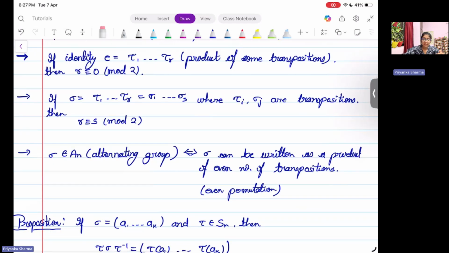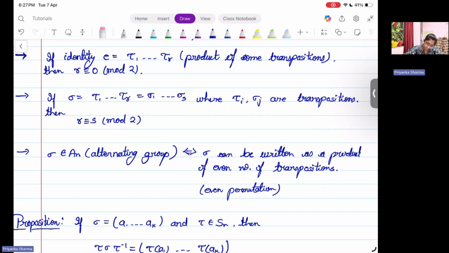Now, what is an alternating group? Alternating group is a subgroup of symmetric group. So if we have Sn, that is a symmetric group, of order n, I mean with respect to this fixed element n, otherwise the order will be factorial n. The subgroup of this Sn, we have an interesting subgroup that is An, which is known as the alternating group.